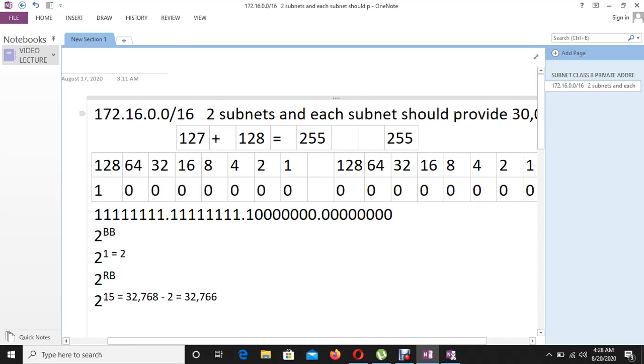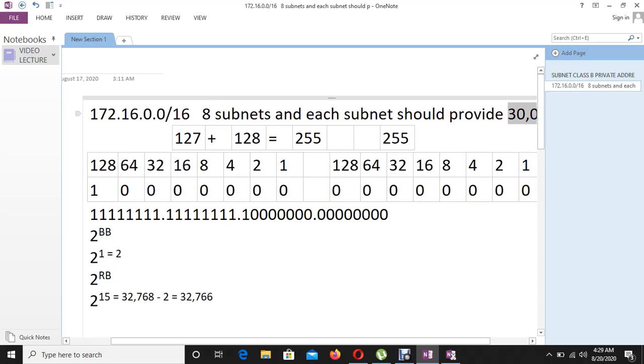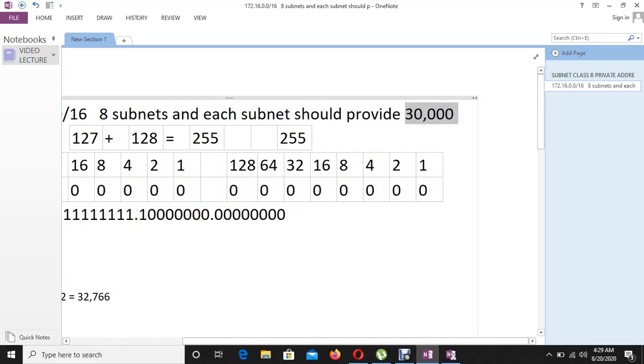Get all this out. Now our question is, we need 8 subnets. Okay, 8 subnets, and if we have 8 subnets, how much do I look for?